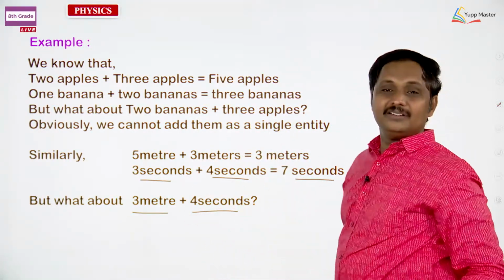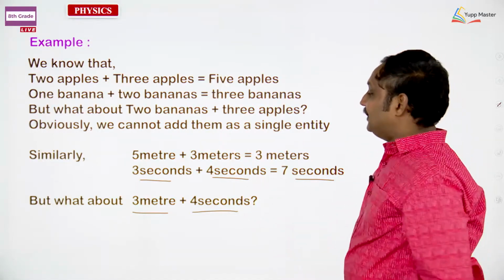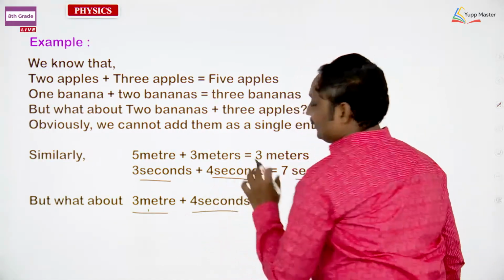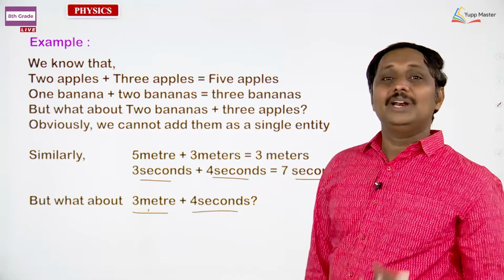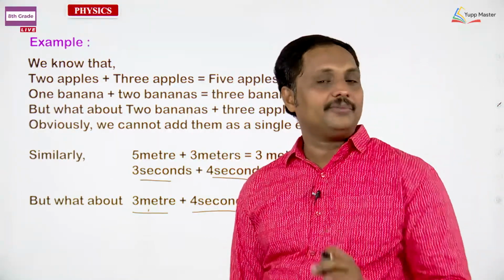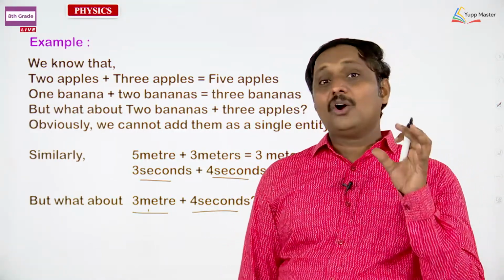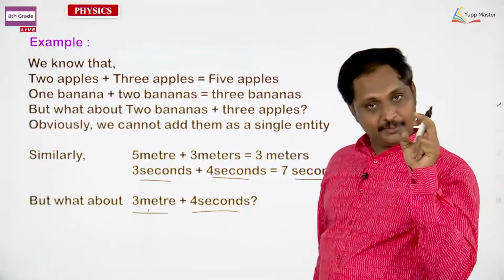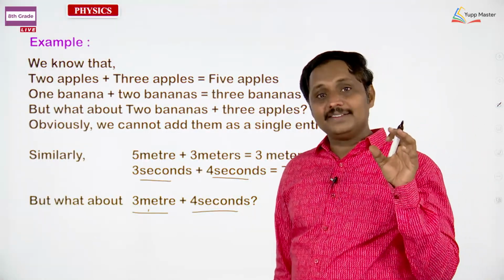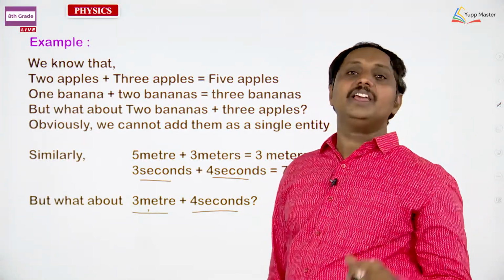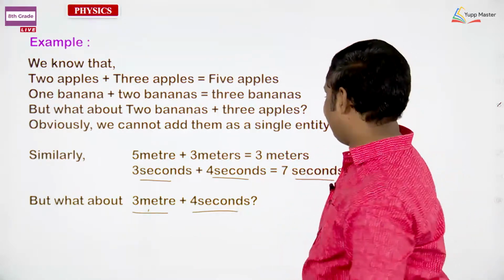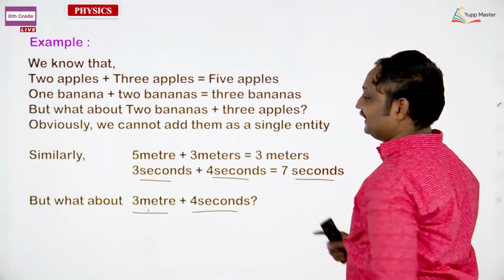Meter represents length, and second represents time. So length and time are two different physical quantities. We cannot express them as a summation, or represent them as a single entity.